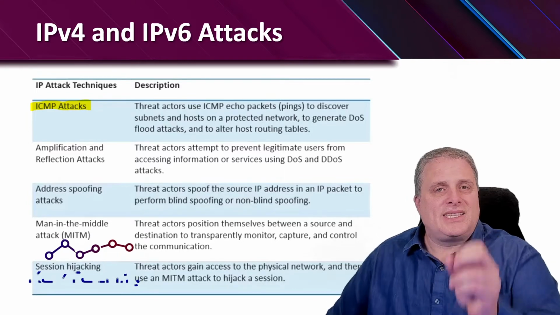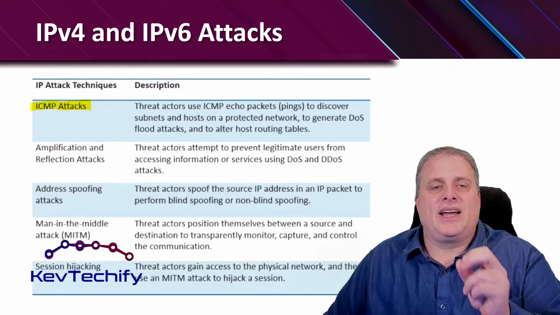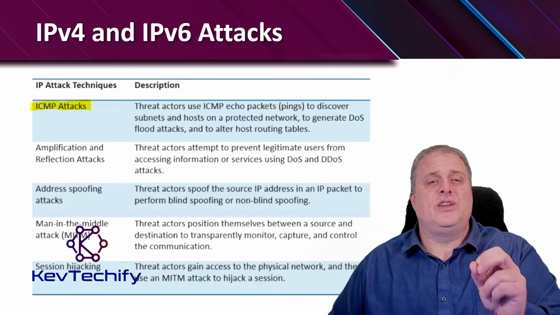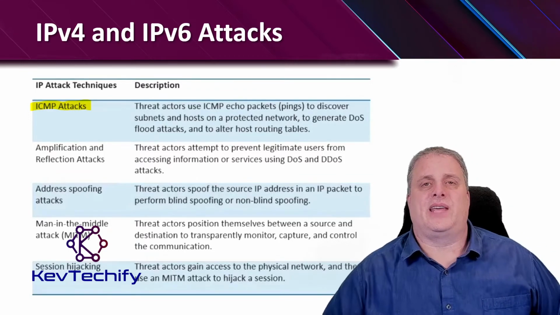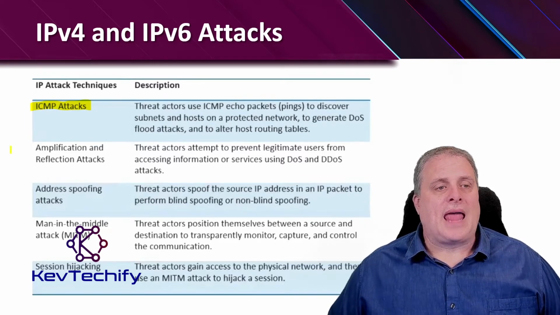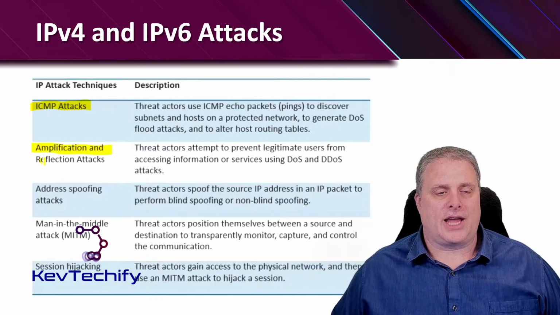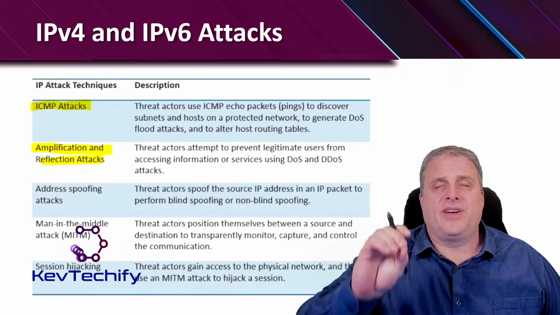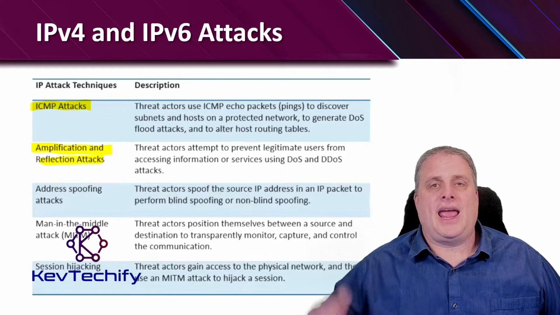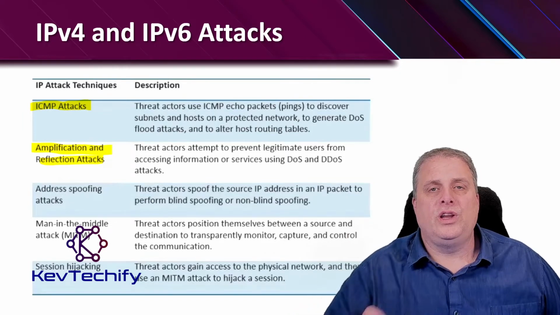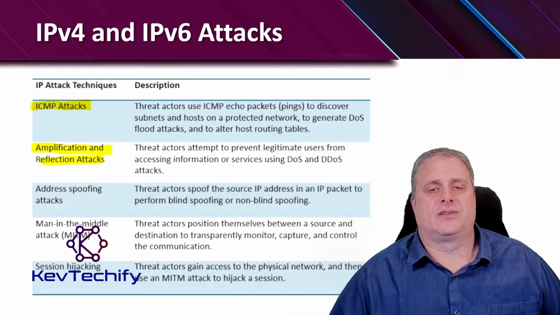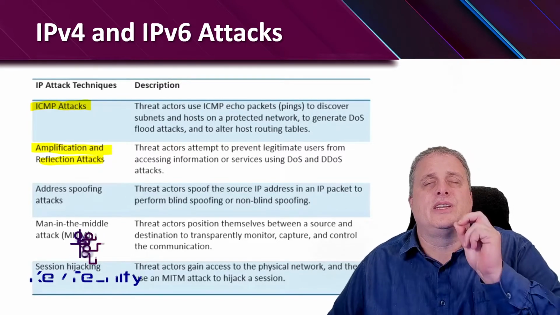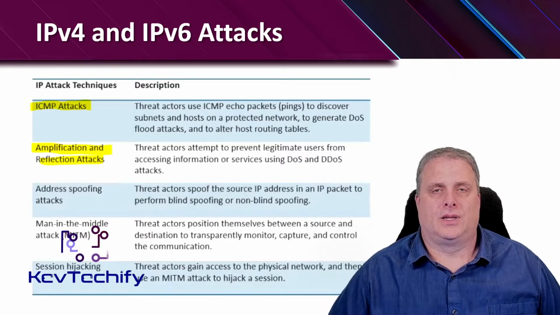They can also use ICMP attacks to generate denial of service flood attacks, and they can even use it to alter host routing tables. With amplification and reflection attacks, our threat actors are going to prevent legitimate users from gaining access to or even using network services by using denial of service and distributed denial of service attacks.